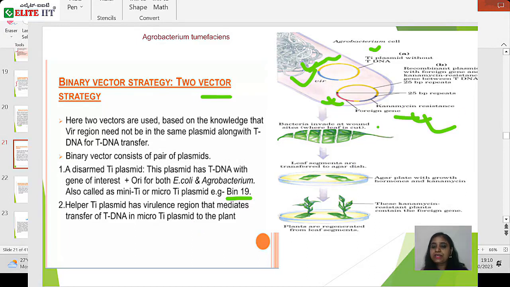See what is happening if bacteria invade at wound sites, because the wound is giving the signal to transfer the DNA.